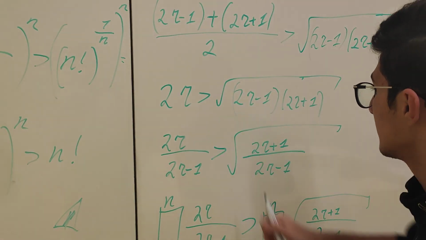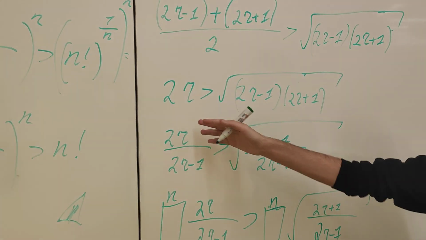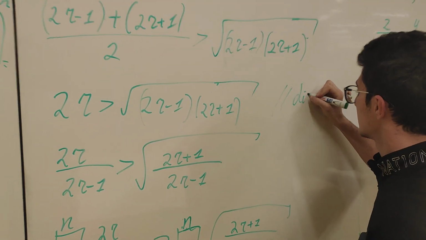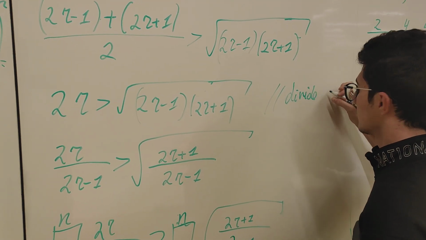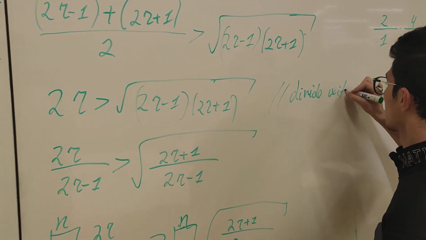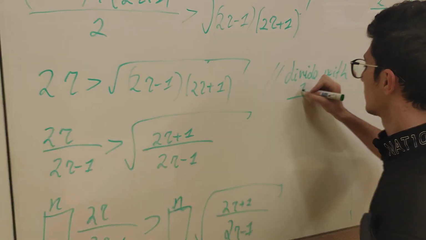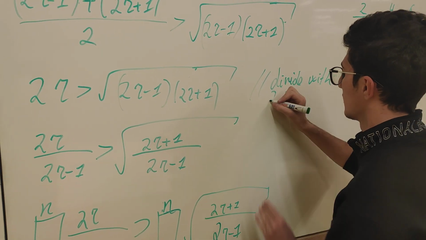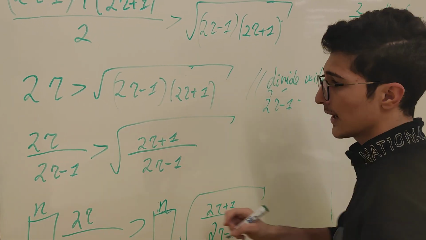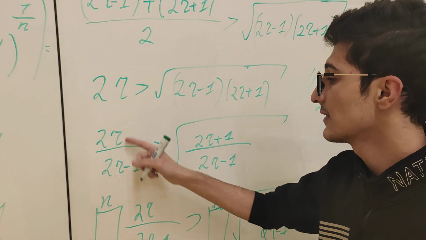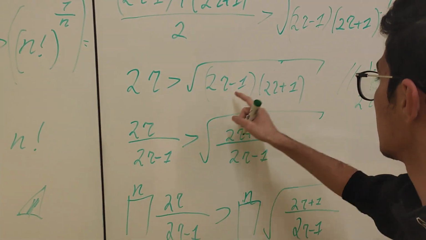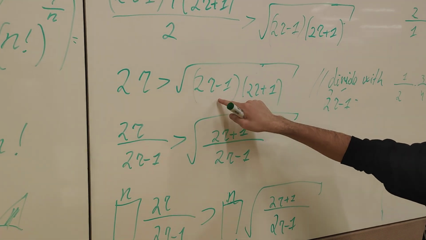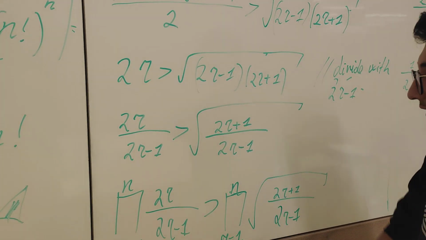And in that part we divide both parts by 2r minus 1. As you can see, we divide it, and in the square root there is 2r minus 1 as well, and one of them cancels, and we get this.